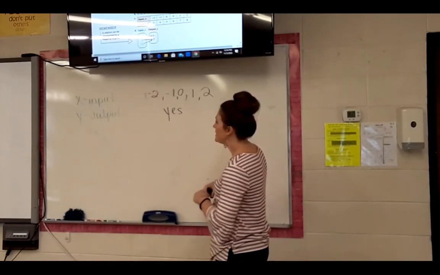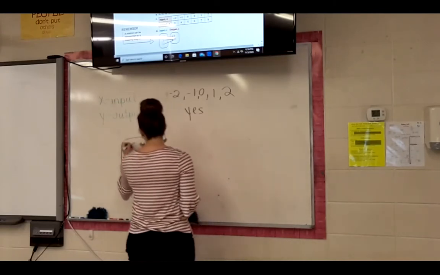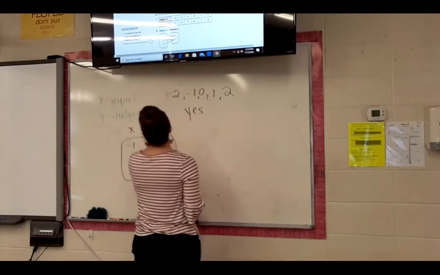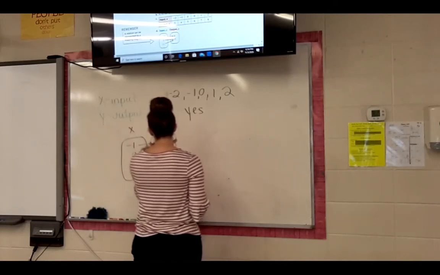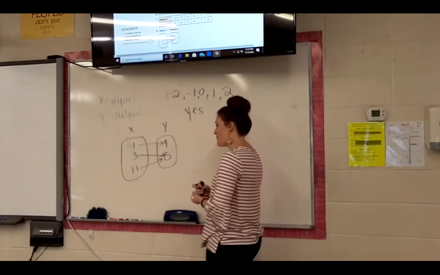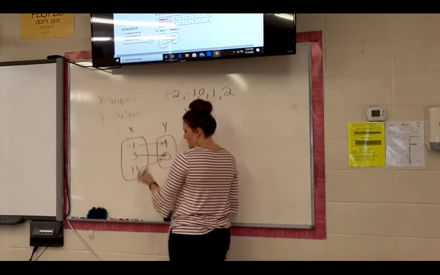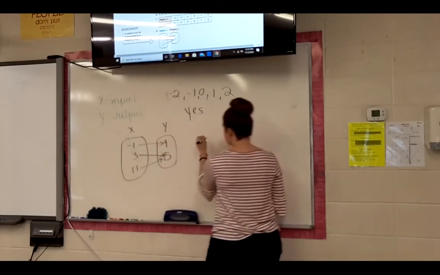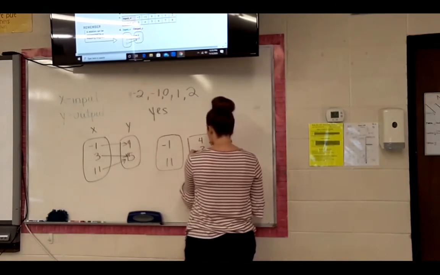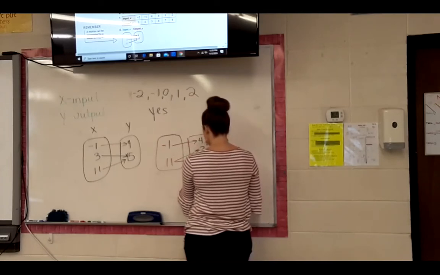So then looking at D, you don't have to draw this one, I just am, because then I'm going to show you another example of it. These are input, these are output. So far, would that be a function? Yes, because each one of these only has one line coming from it. So then, say I were to switch that same problem to this.